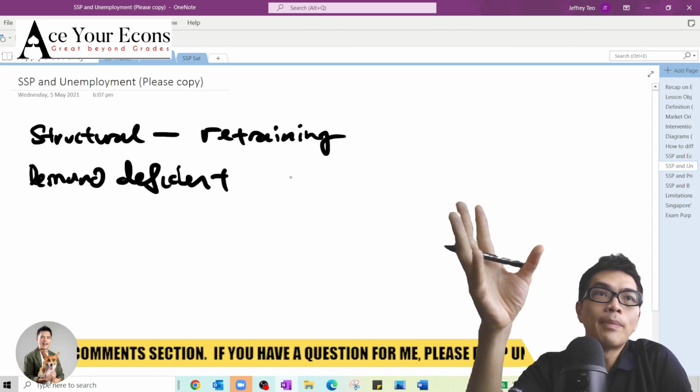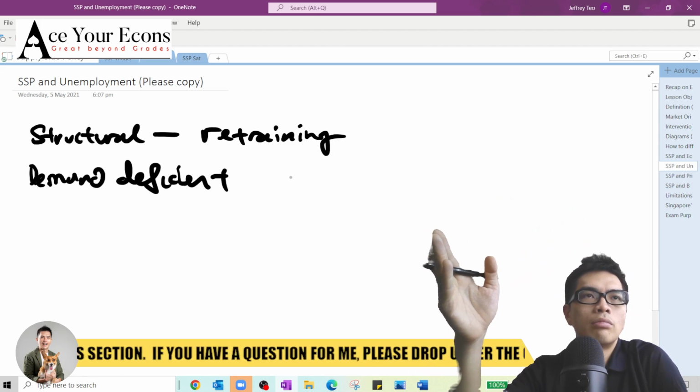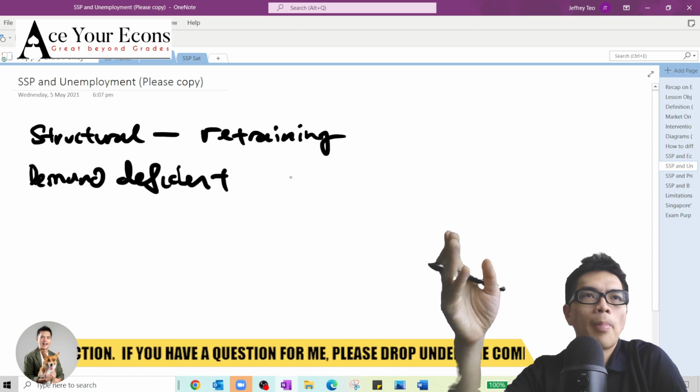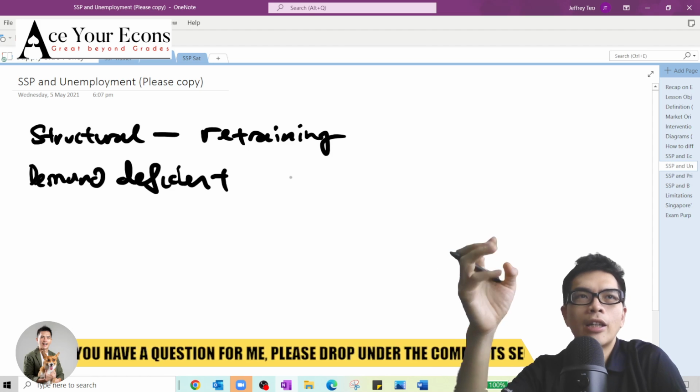When we look at demand deficient, can supply side policy target demand deficient? Cannot.